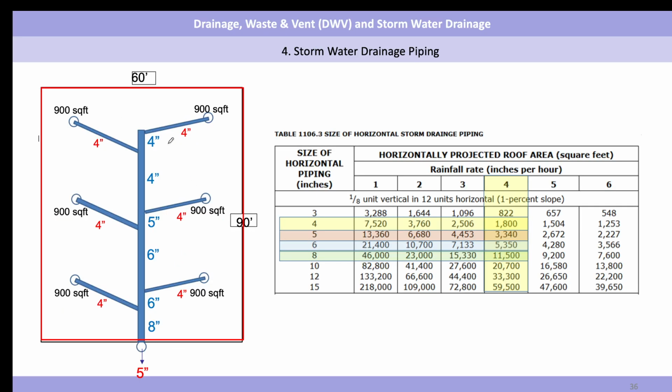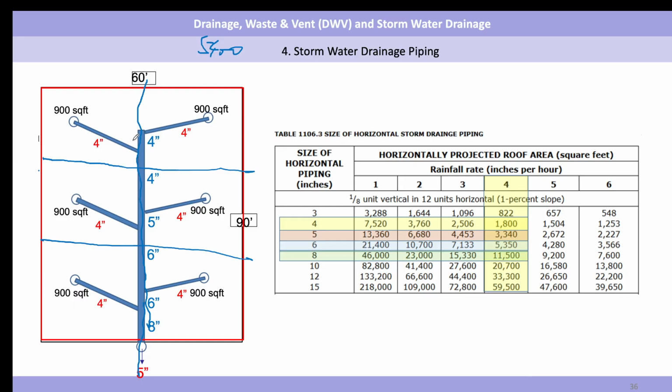And then let's see the horizontal branch. I already posted the correct answer. Let's see why we can find this. We have to evenly separate the roof area, meaning each drain will remove water from its own area. The total is 5,400, so for each drain, 900 square feet.